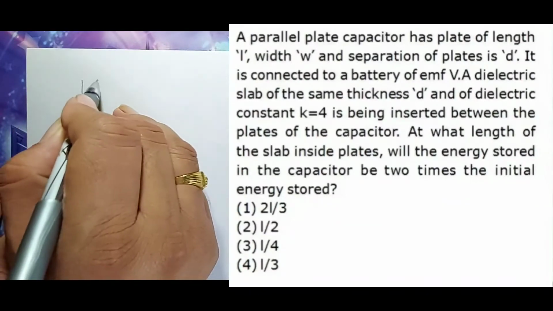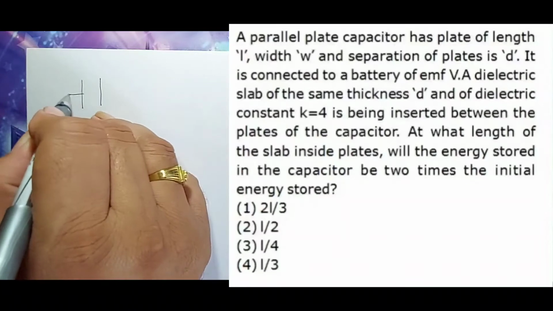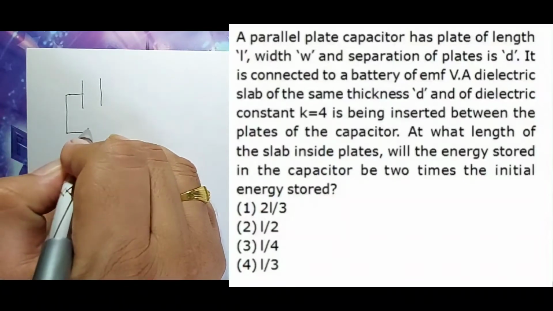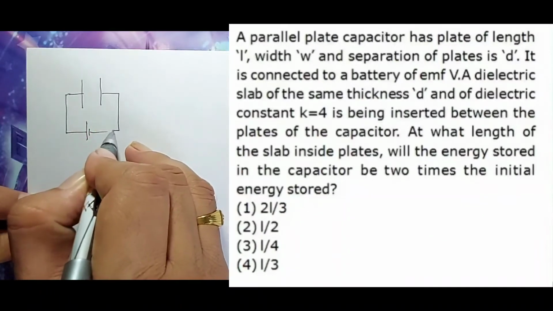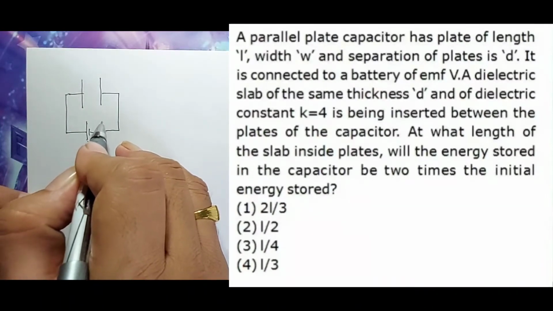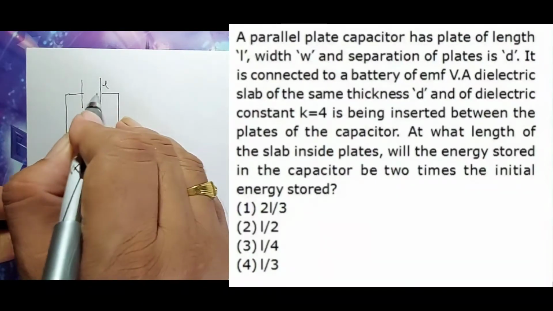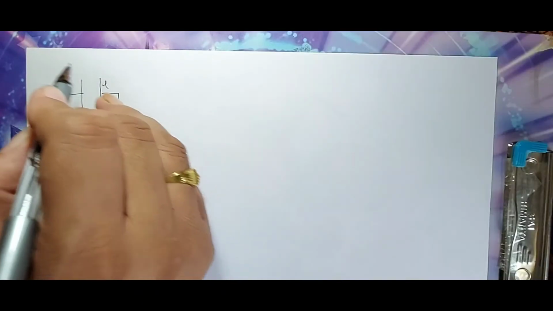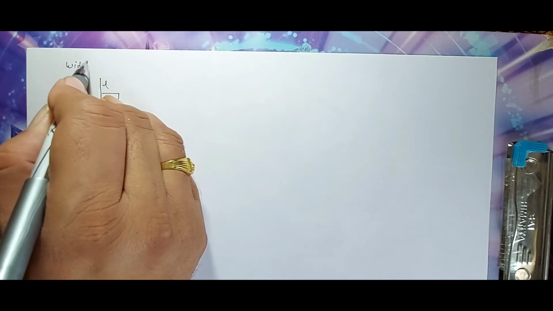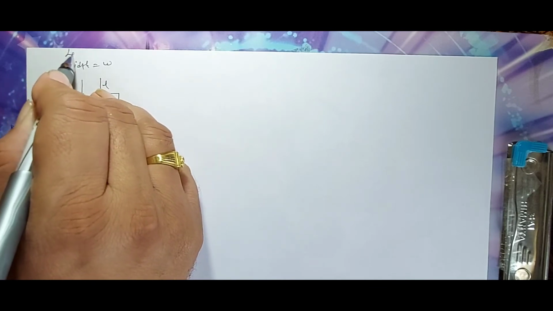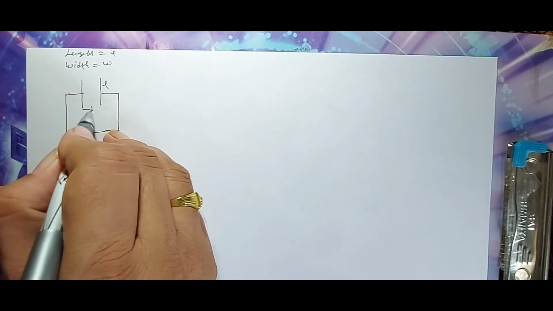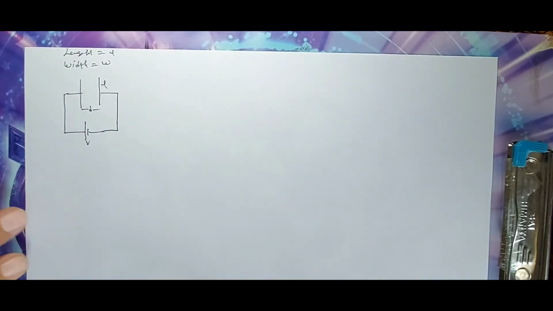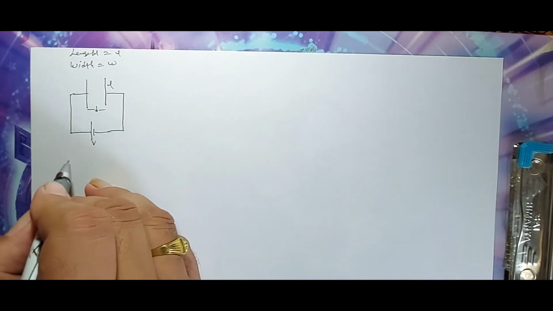So, this is a parallel plate capacitor connected to a battery. The length of this parallel plate capacitor is L, the width is equal to W, and the distance between the 2 plates is D. There is an air medium present.